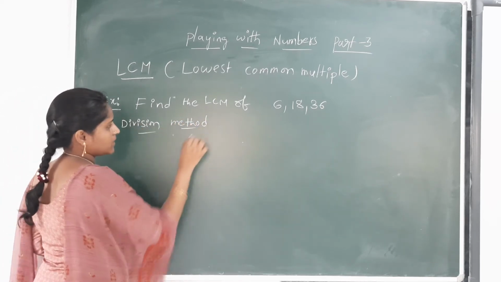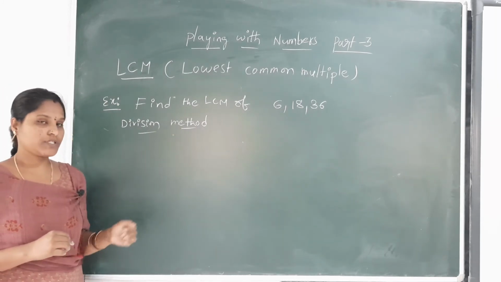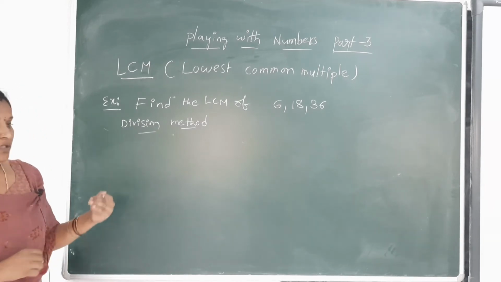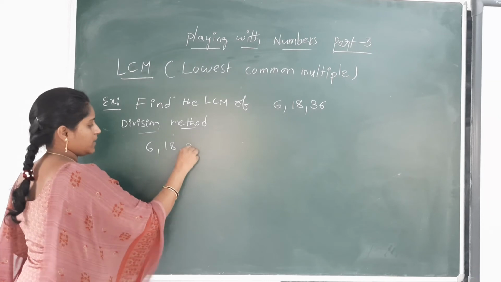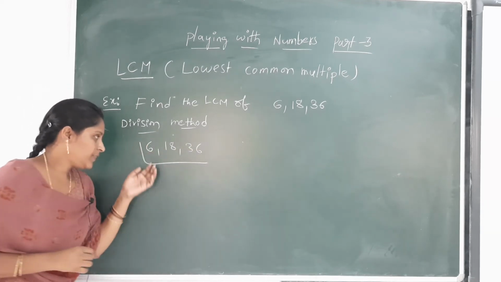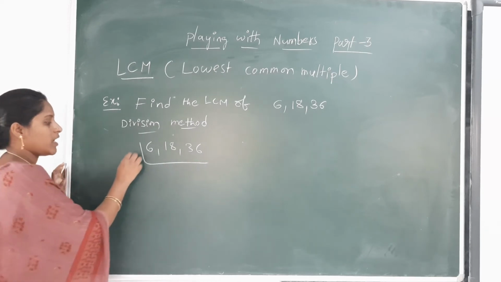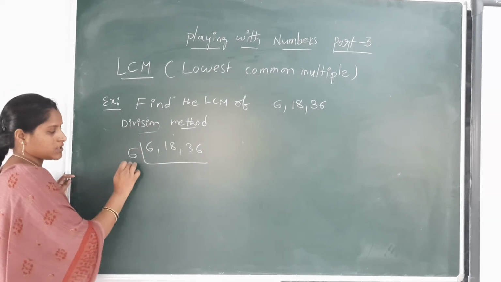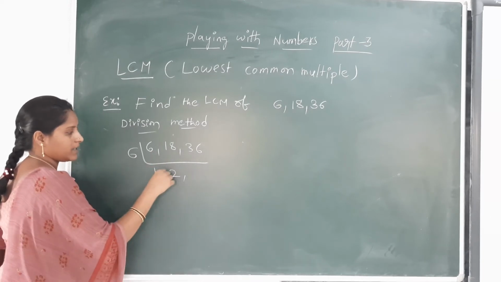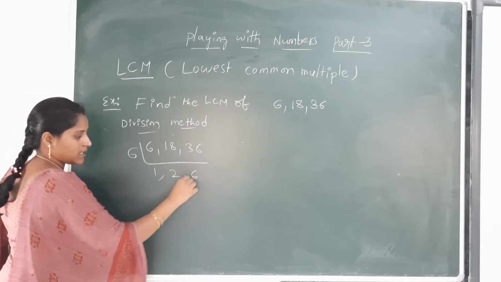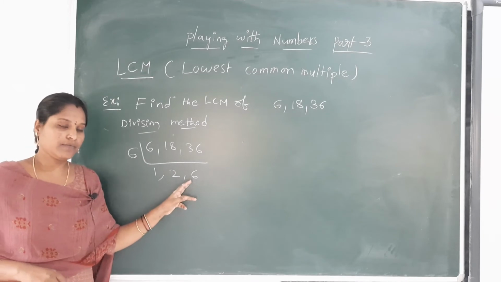Next, by the division method for the same problem. We are going to find the LCM for the same problem through the division method. For the division method we have to take 3 numbers at a time, 6 and 18 and 36. From these 3 numbers, which is the common table? 6 table, so that's why I have taken 6 here, because 6 is common in these 3 numbers. 6 1s are 6, 6 3s are 18, 6 6s are 36.